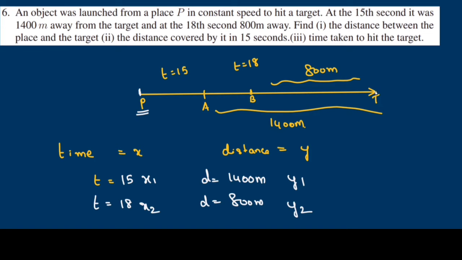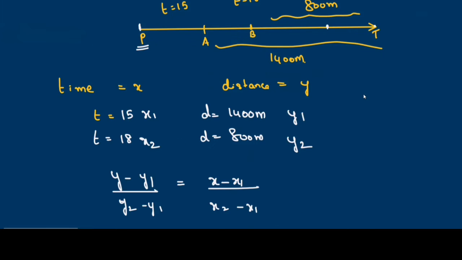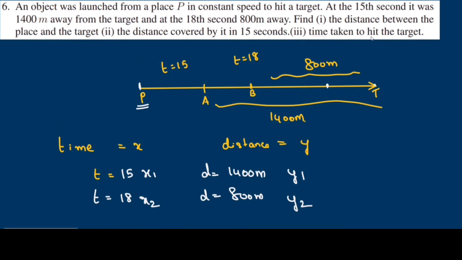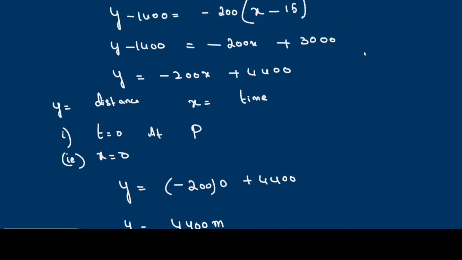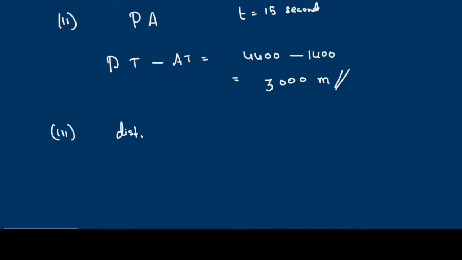When you hit the target, distance will be 0. The distance is decreasing, it will become 0. Now when the point reaches here, the distance PT is 0. So to find the time taken to hit the target, put the distance as 0 now. Understood why the distance is 0?